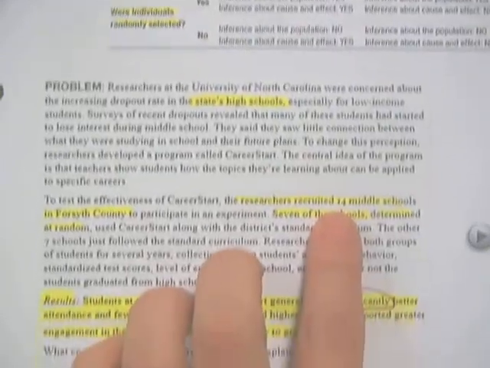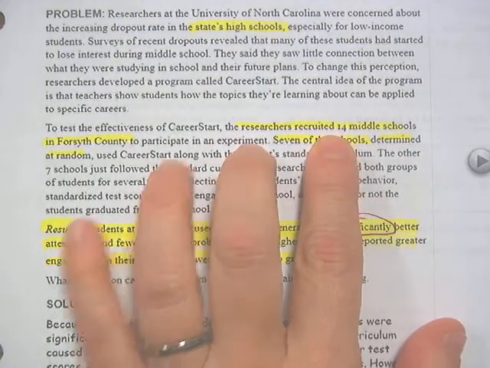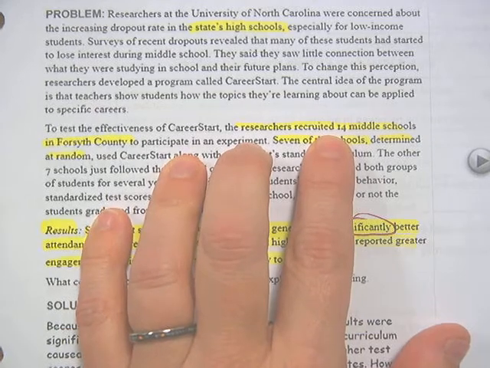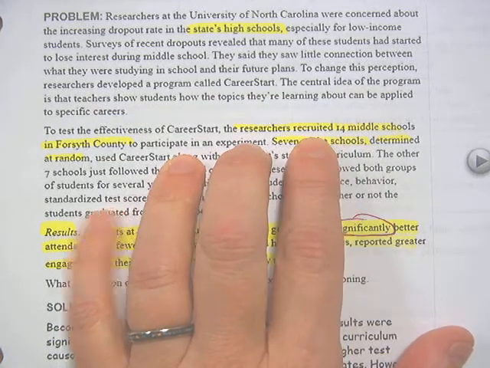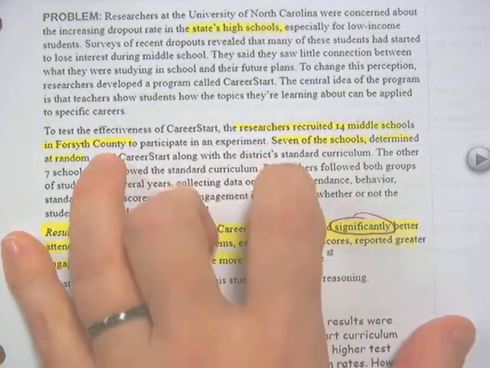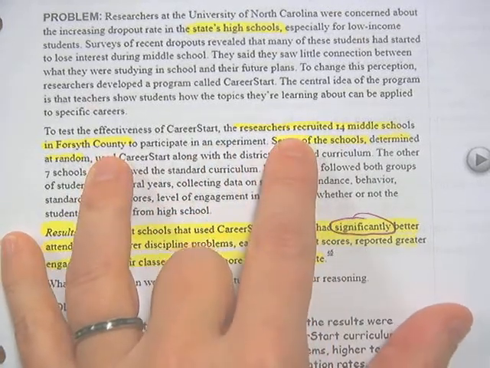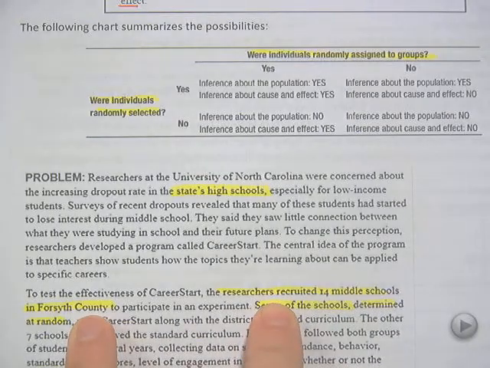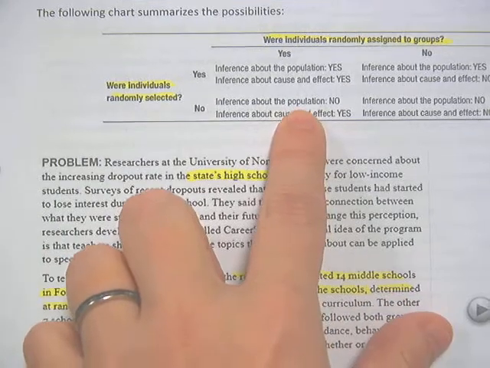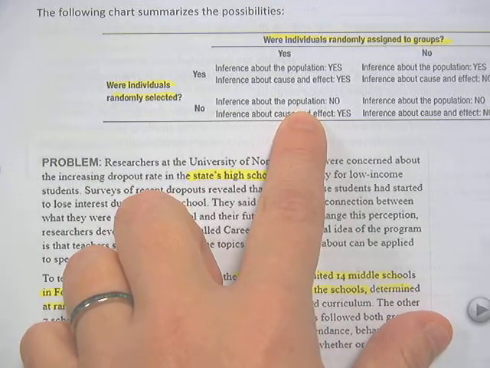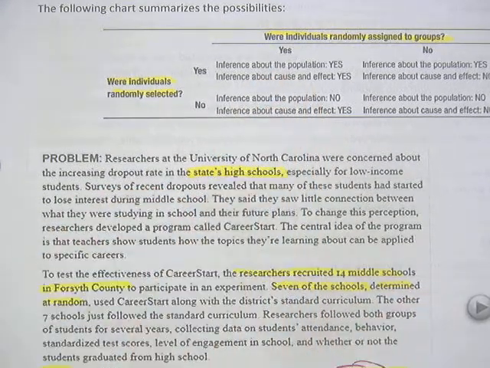The 14 schools that they chose, did they choose them at random from across the state? No, they chose them all from the same county. That doesn't mean that everything falls apart and this is a terrible experiment. It just means we can't make inference because the individuals were not randomly selected. We can't make inference about the population of high schools across the state. We could only make inference about schools like this.